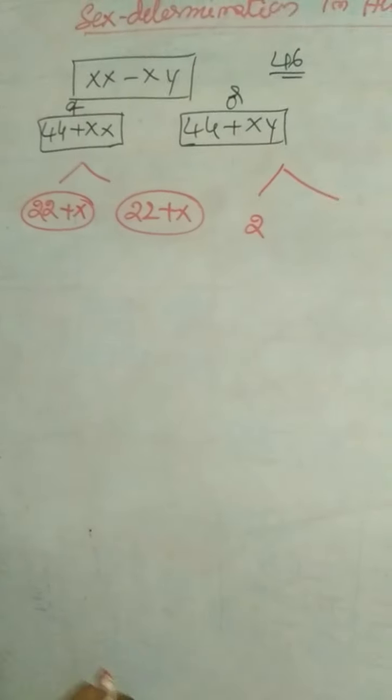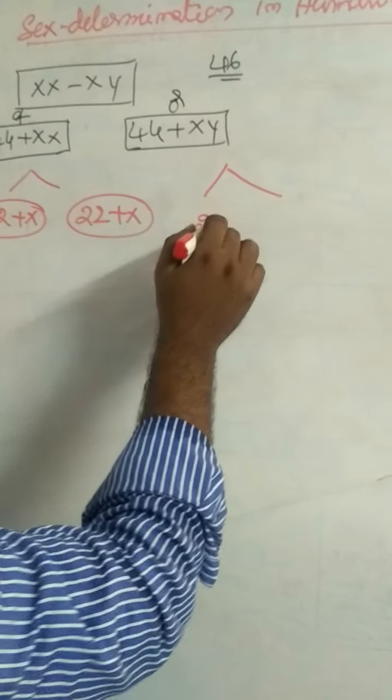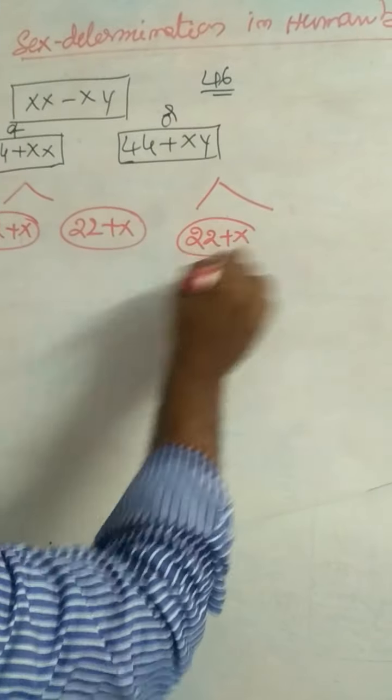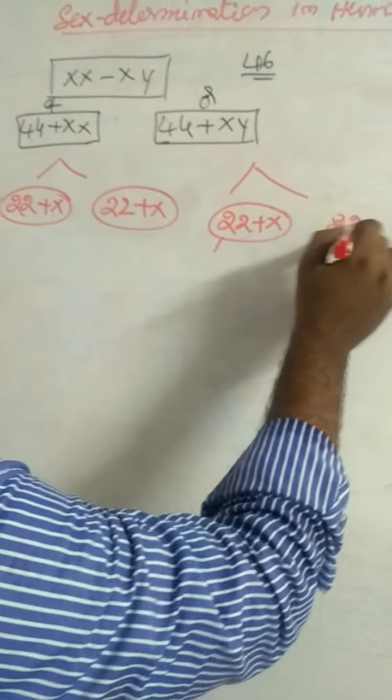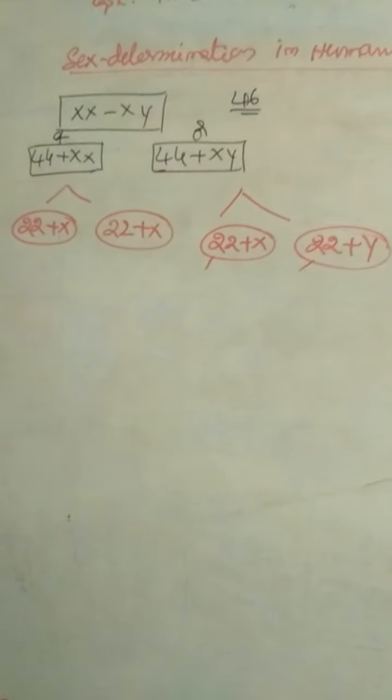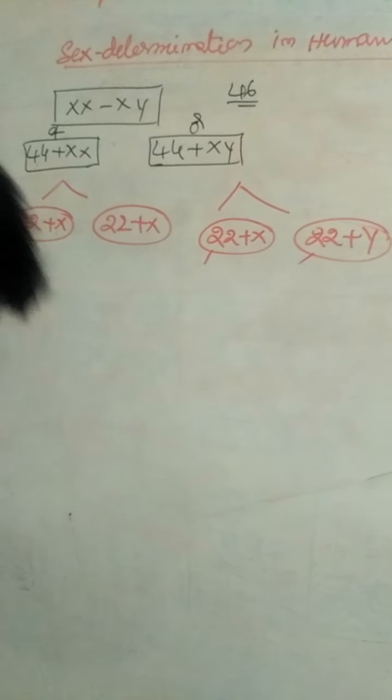Males produce dissimilar gametes: one sperm with 22 autosomes plus X, and another sperm with 22 plus Y. These are two different, or dissimilar, gametes.